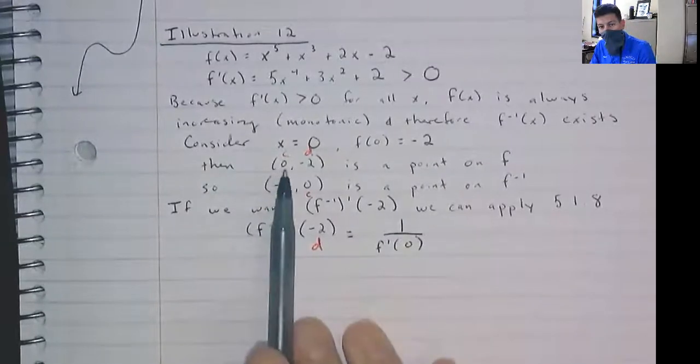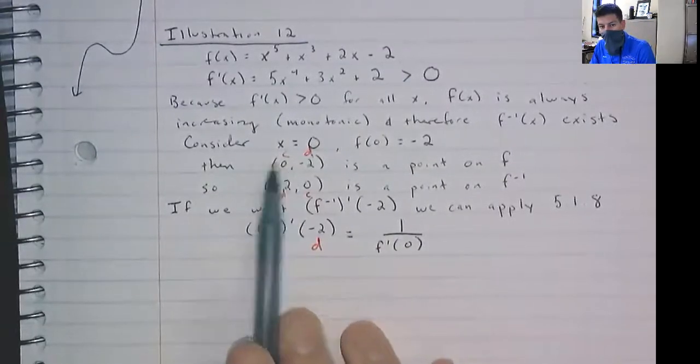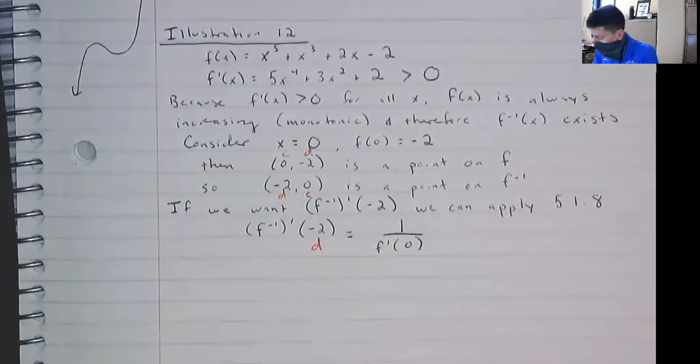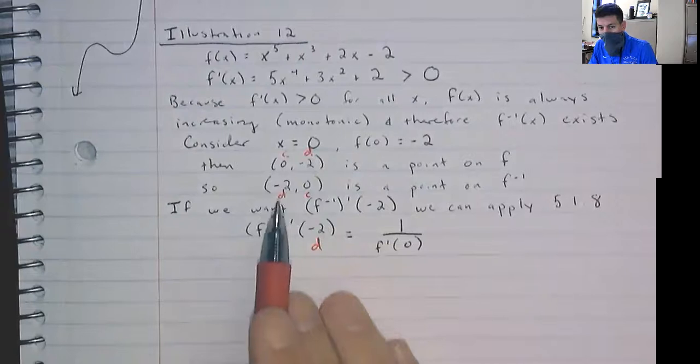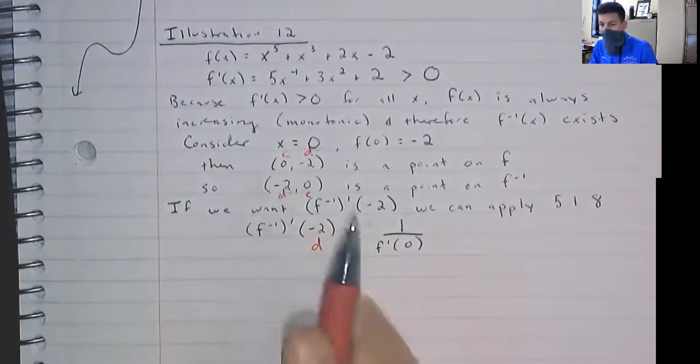Why 0? Because 0 is that C. It's the domain value that got us this range value that became the domain value in f inverse.